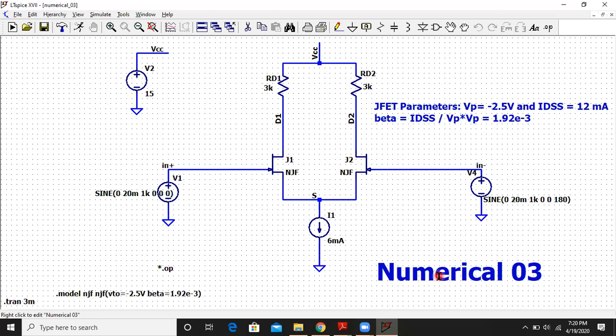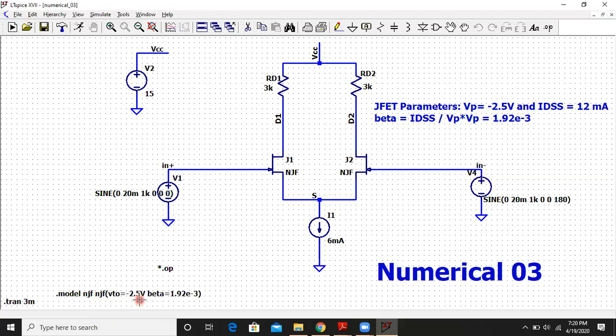Just a word of caution, instead of MOSFET we have connected a JFET here. So from the library you have to select JFET, NJF. The JFET parameters given in the numerical are VP equal to minus 2.5 volt and IDSS equal to 12 milliampere. Basically your VP is not written as VP directly in the dot model, it is written as VTO.